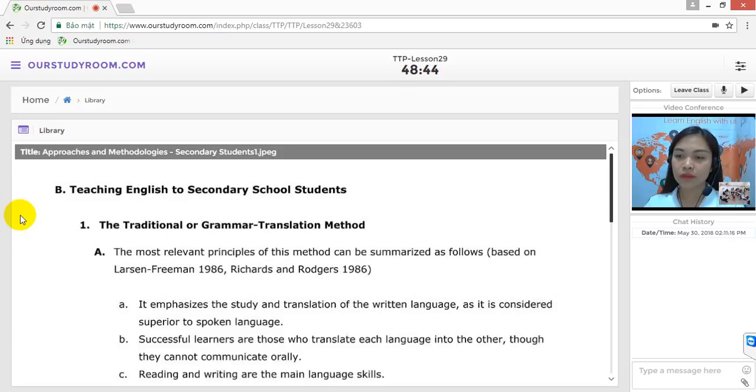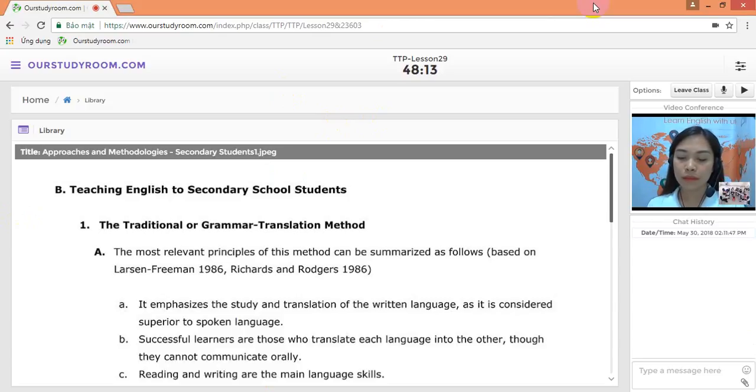I is implies in the study and translation of the right of the written language, and it is considered for us to spoken language. B. Successful learners are those who can translate language into other. Of they cannot communicate orally. C. Reading and writing are main language skills.